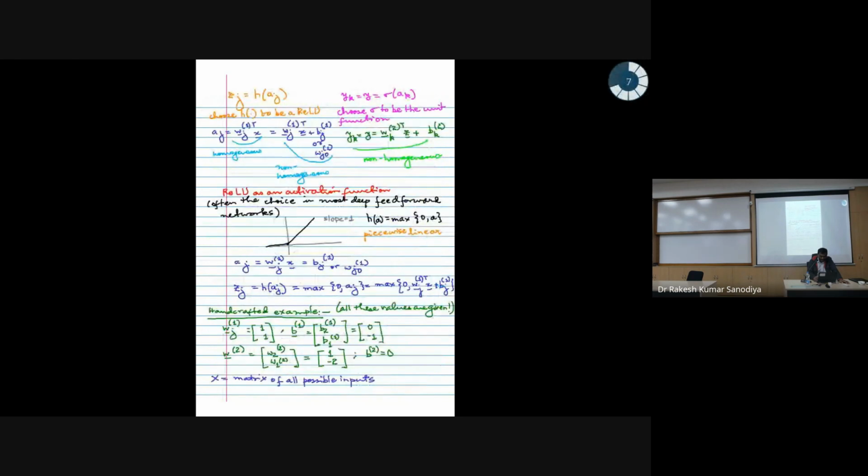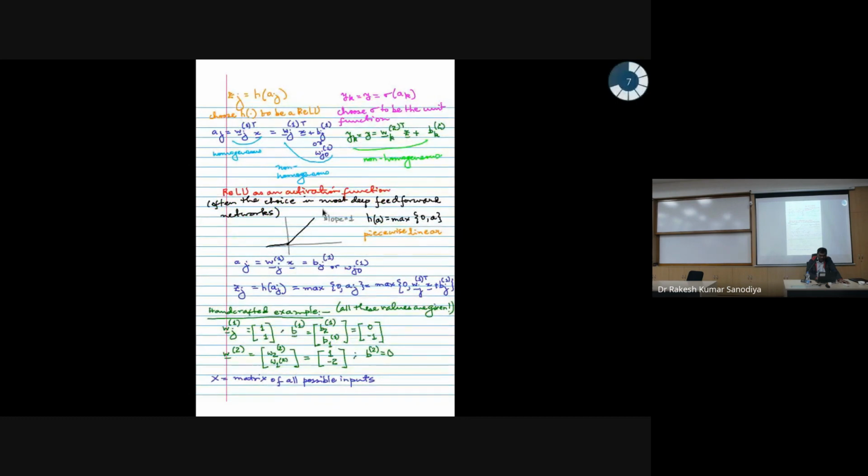Now there is another approach for the XOR problem. Look at this. I can handcraft a neural network. This was approach number 3 that I talked of. With 2 neurons in the input layer and 2 neurons in the hidden layer, I can handcraft this by putting in a set of weights and using a rectified linear unit, and get an XOR function.